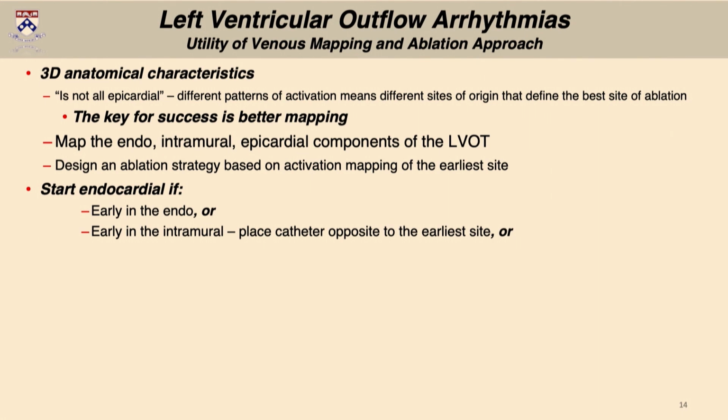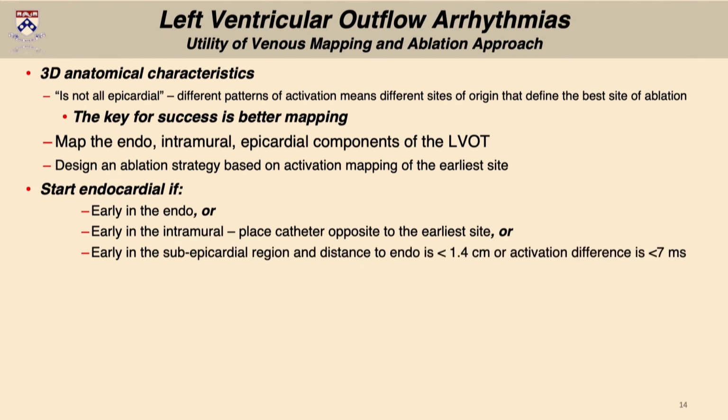If it's early in the intramural space, from the intramural to the epi or from the intramural to the endo, you found a true intramural site, then you put the catheter opposite to the earliest site in that intramural space. And because the distance is going to be way less than 0.5 millimeter, an endocardial lesion is going to ablate, and you don't need anything else, and the case is done.